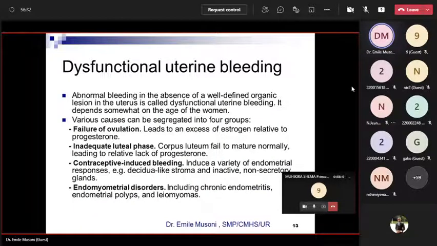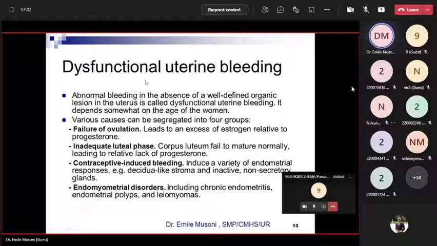There is what we call in gynecology dysfunctional uterine bleeding. It is complex. It has various causes. It can be failure of ovulation, inadequate luteal phase, contraceptive-induced bleeding, endometrial disorders, including chronic endometritis, endometrial polyp, and the myoma.